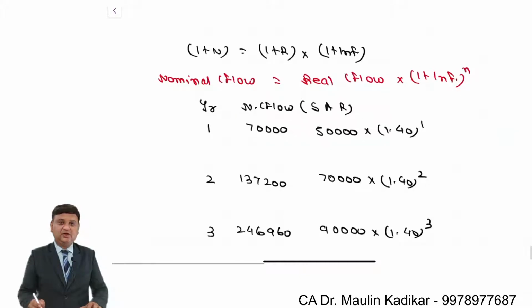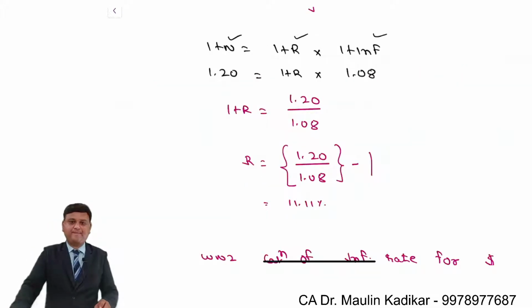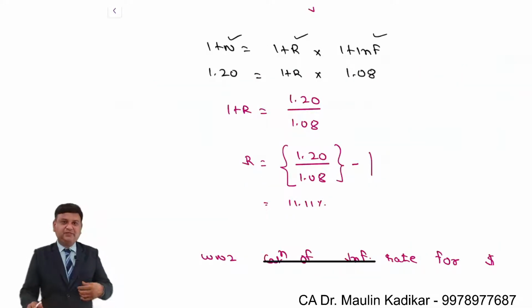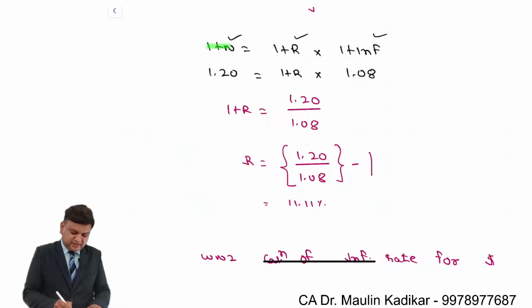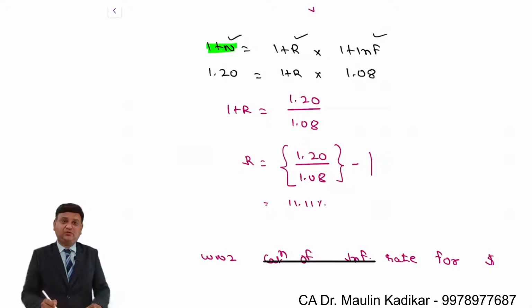So this is in the nominal term. Now friends, we have done a very basic question in which we had understood this formula. 1 plus n, which stands for the nominal cash flow, is equal to 1 plus r, that is the real cash flow, into 1 plus inflation rate.